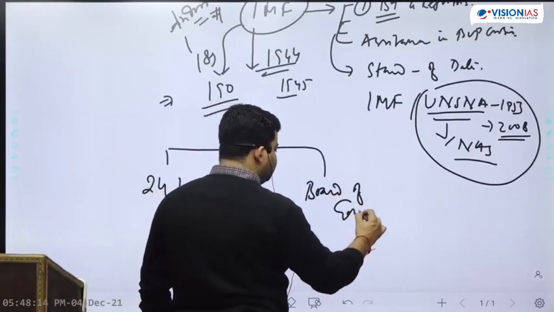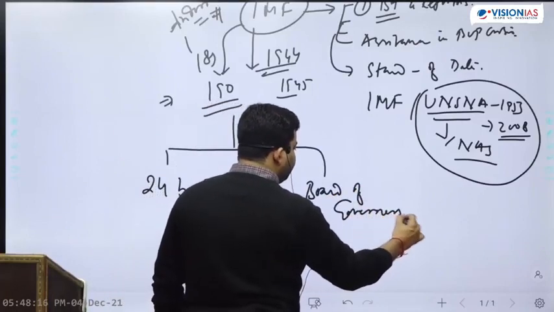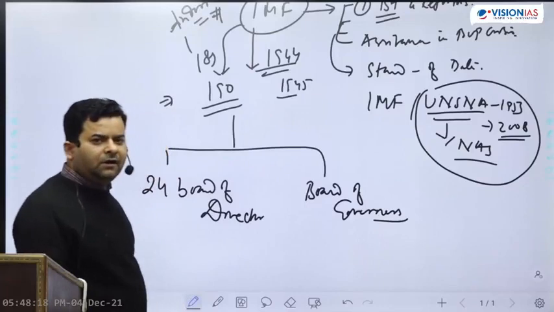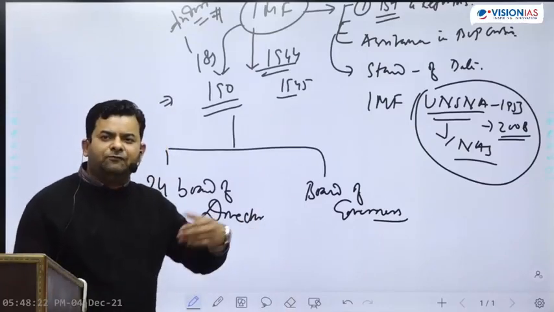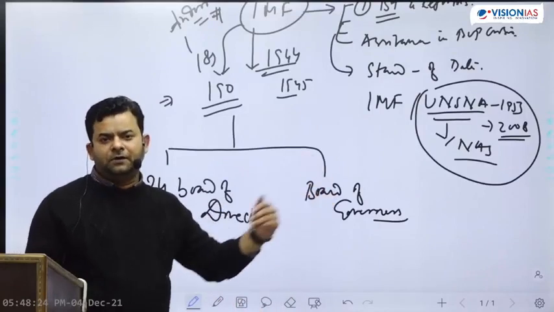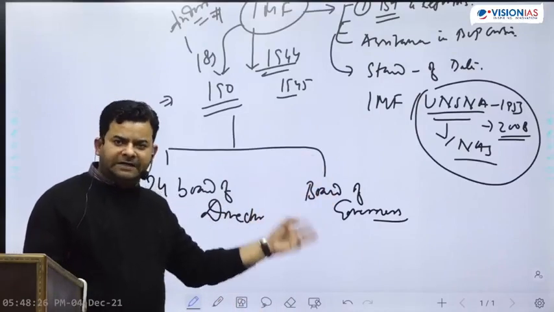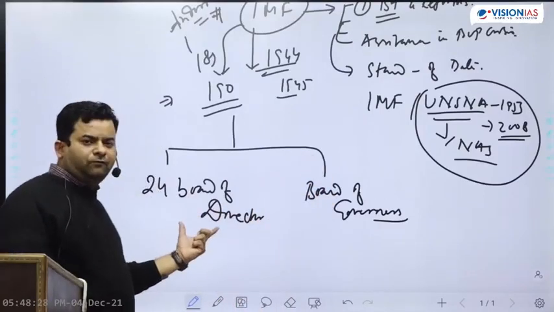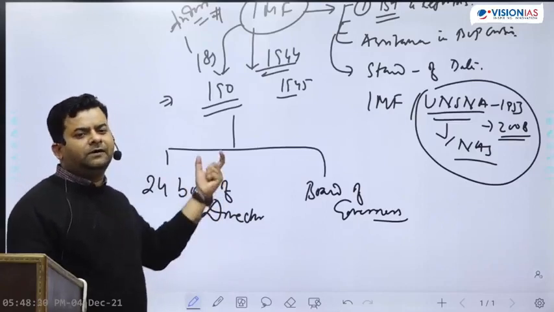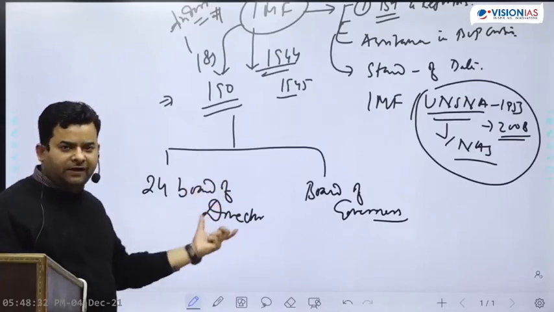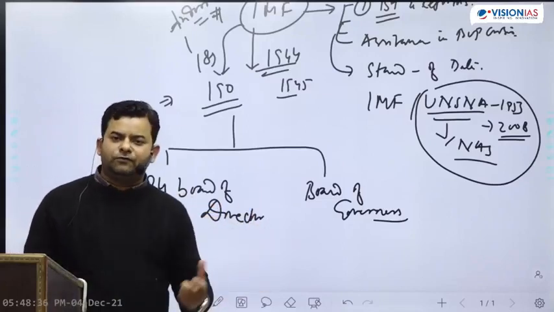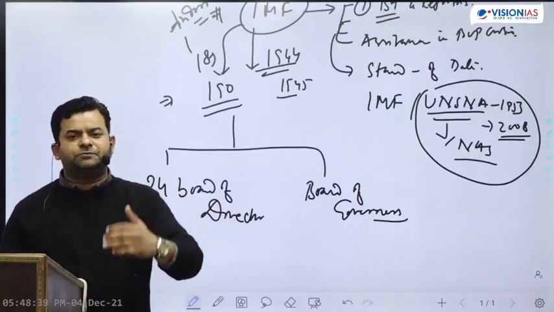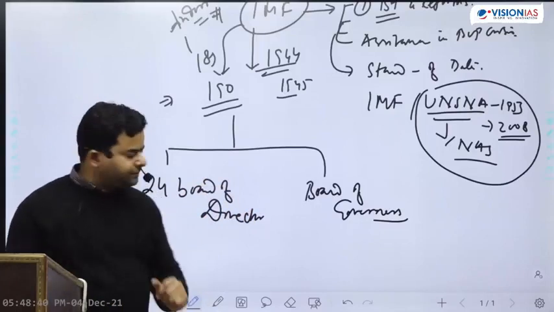The board of governors are the representatives of the country. They are the ones who are into the policy-making discussions, and they participate in the rounds of IMF. The directors are the executive ones. They do the routine work, daily maintenance, etc., of IMF. So we have 24 board of directors, and we have board of governors, which are nothing but the finance ministers of the member countries.